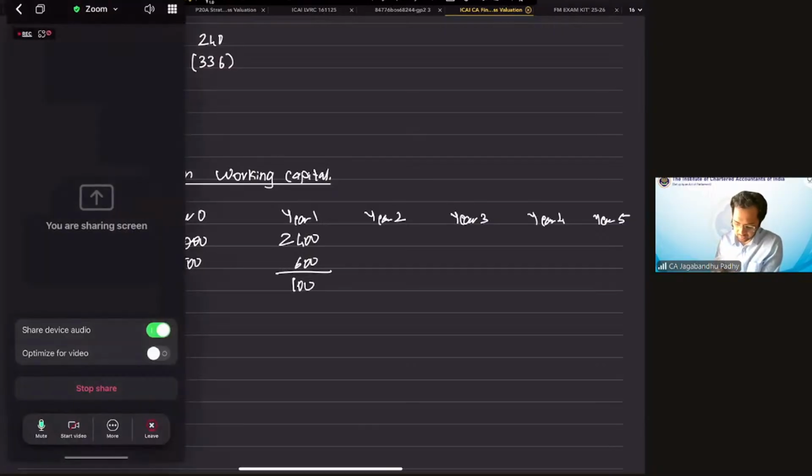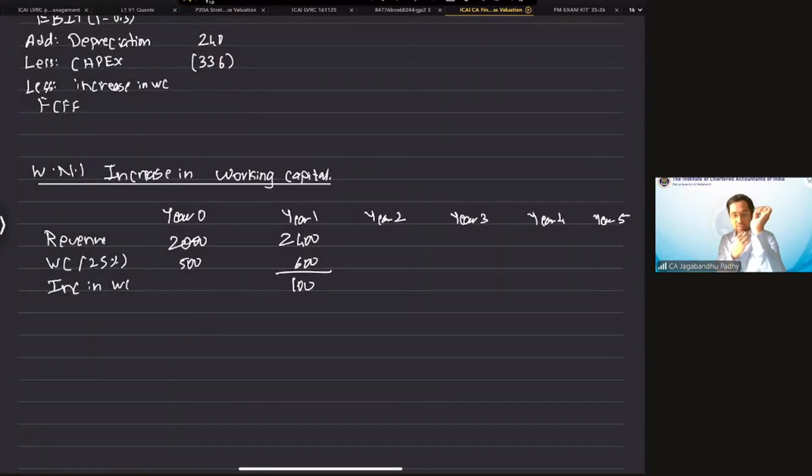Next year, the revenue is 20% above 2400, which is 2880, and working capital is 720. So the additional working capital needed is 120.